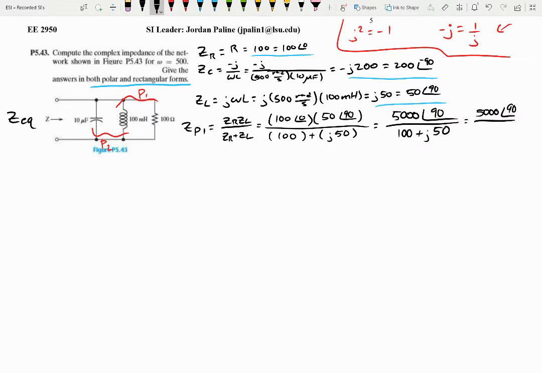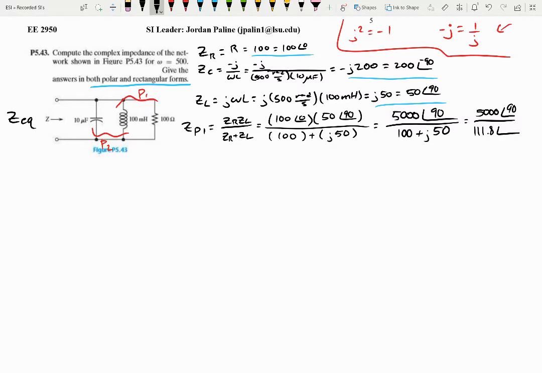Let's convert the denominator to polar since we're doing a division now. So 100 squared plus 50 squared to the 0.5 gives us 111.8.